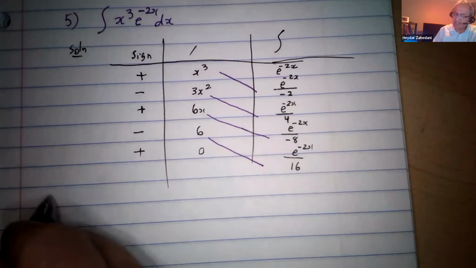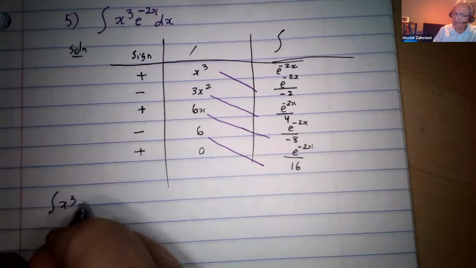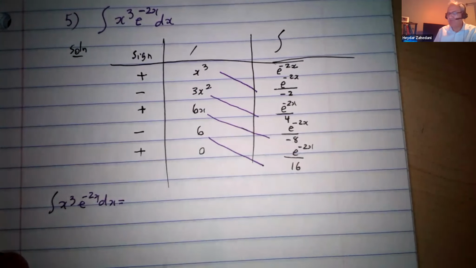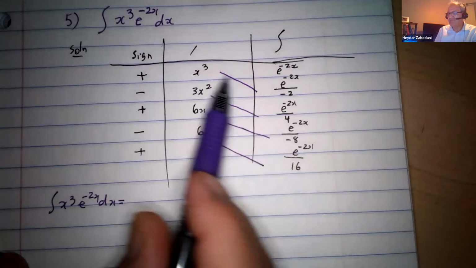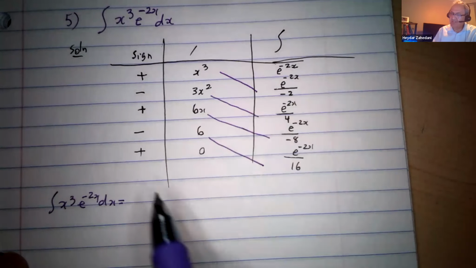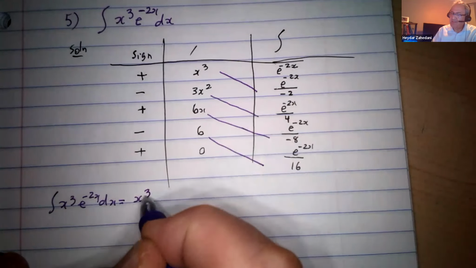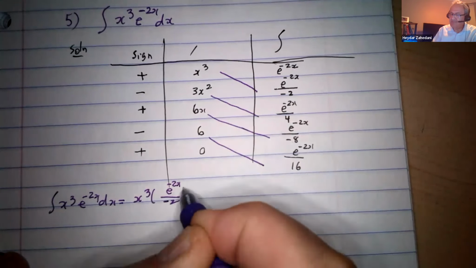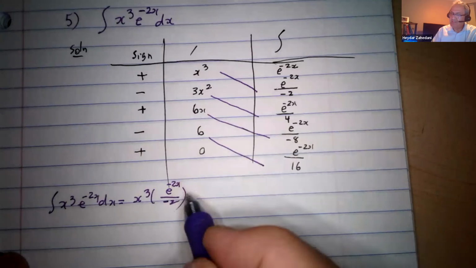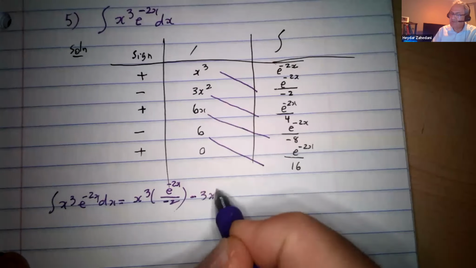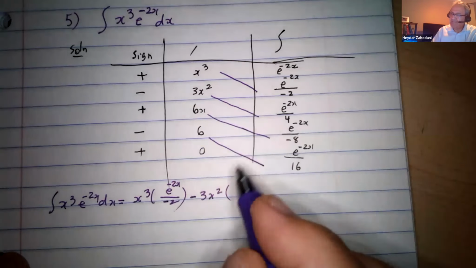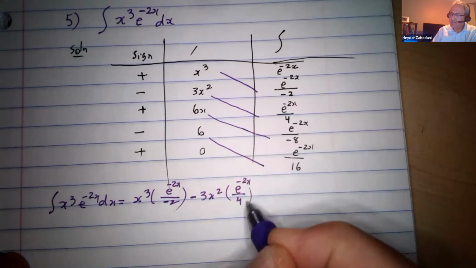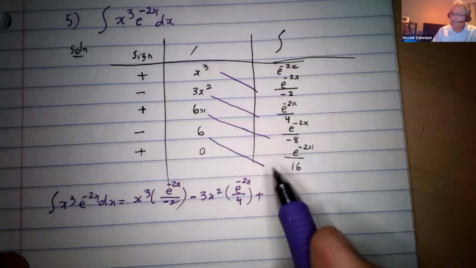So what's going to be the result? Carefully write the result. Integral of x cubed e to the negative 2x dx is equal to, first part, you write it down, then simplify. It's going to be x cubed times e to the negative 2x over negative 2. That's the first one. Minus 3x squared times e to the negative 2x over 4, plus 6x.